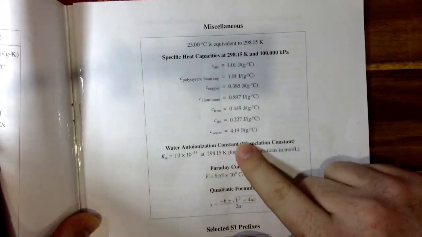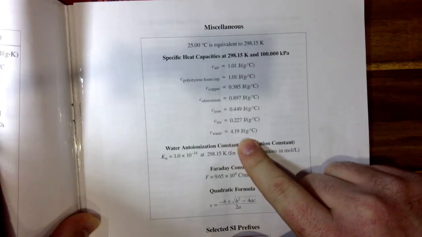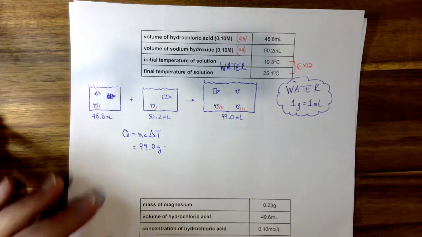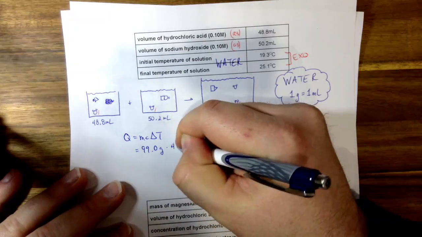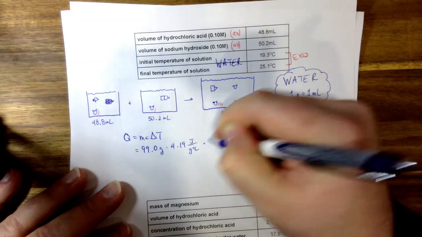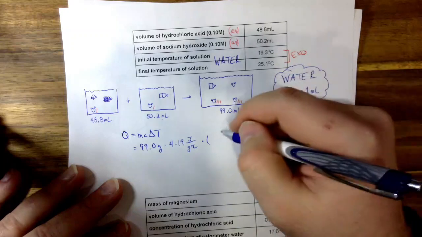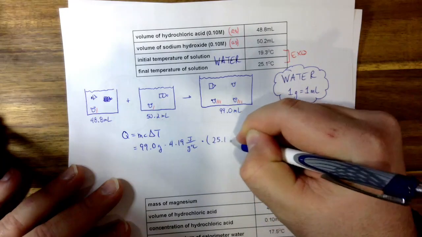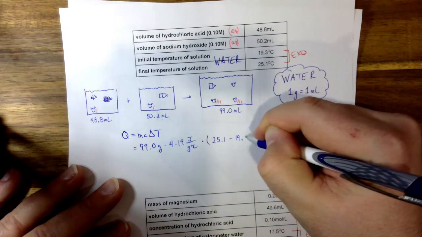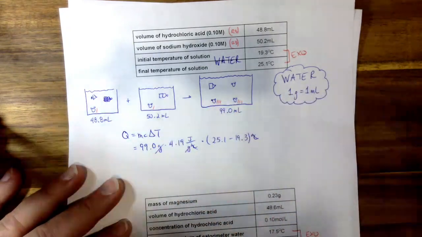Next, you'll probably commit this number to memory, but here it is. The specific heat capacity of water is 4.19 joules per gram degree Celsius. So we're going to use that, 4.19 joule per gram degrees Celsius. And then TF minus TI, which is 25.1 minus 19.3. Cancel, cancel, cancel, cancel.